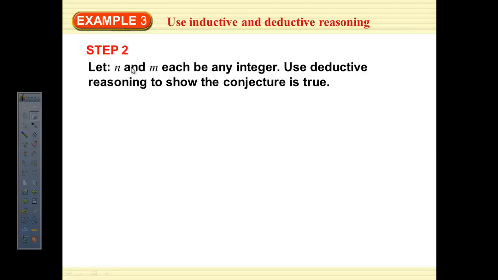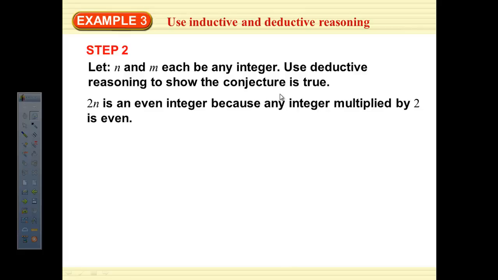So if we say n and m are any integers, we're going to use deductive reasoning to show that this is true all the time. If we call 2n the even integer, any number multiplied by 2 will be even.